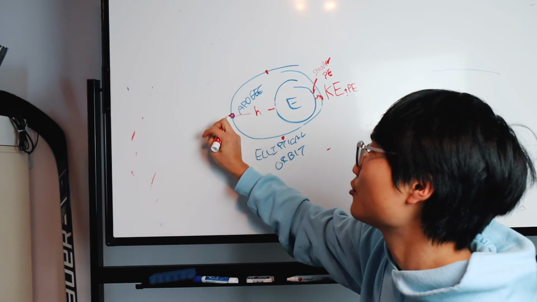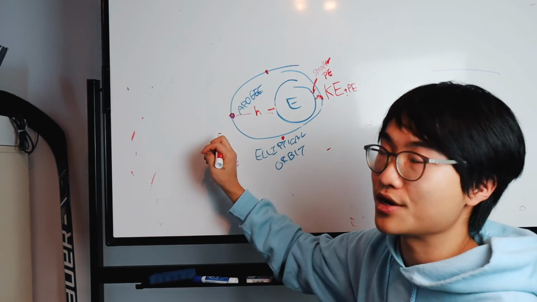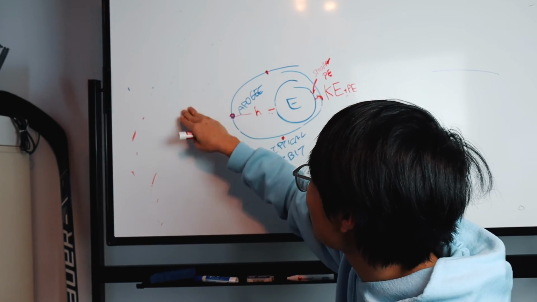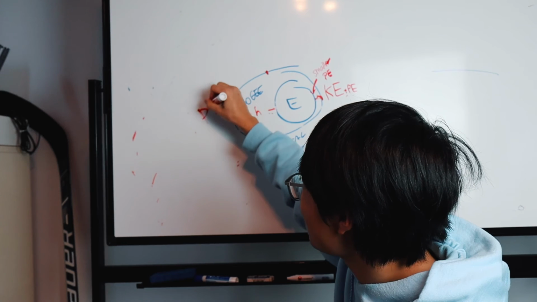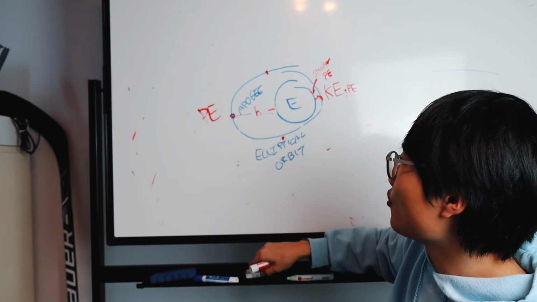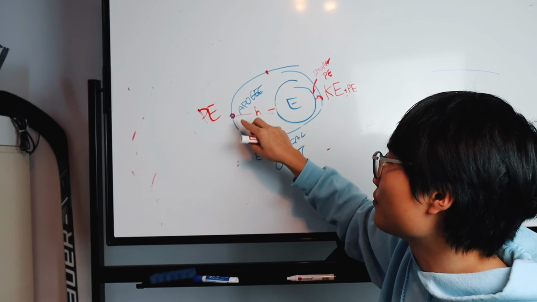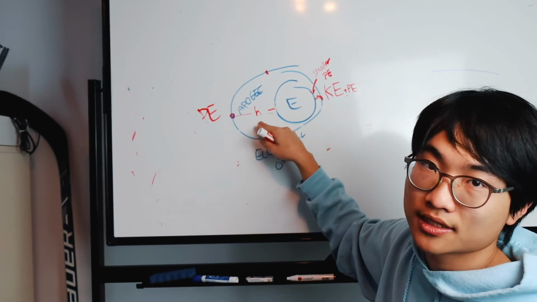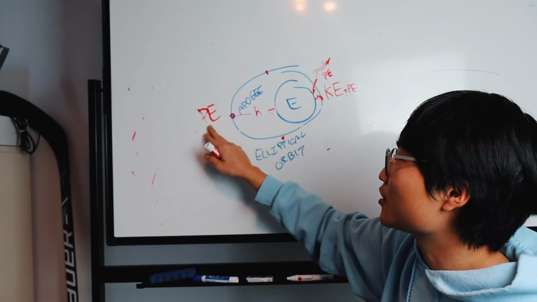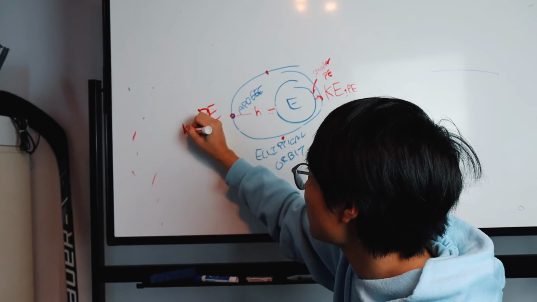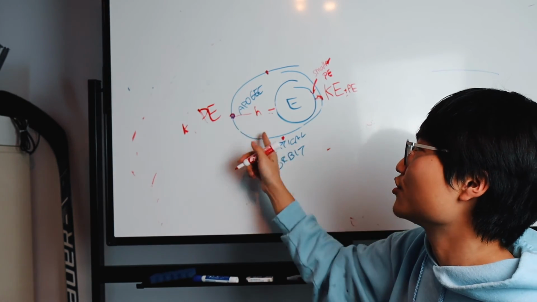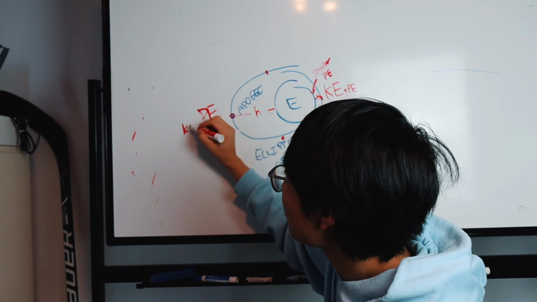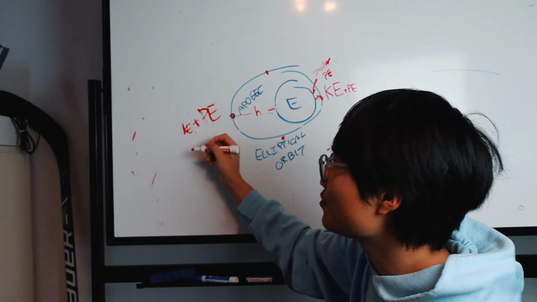But let's compare it to this point. Here, the height is bigger, meaning that there's more potential energy. But as I mentioned before, the spacecraft is going to be inevitably slower in this region, where the altitude is higher. So the potential energy is going to be big, but the kinetic energy, since the velocity of the spacecraft in this region is lower, is going to be a small value.